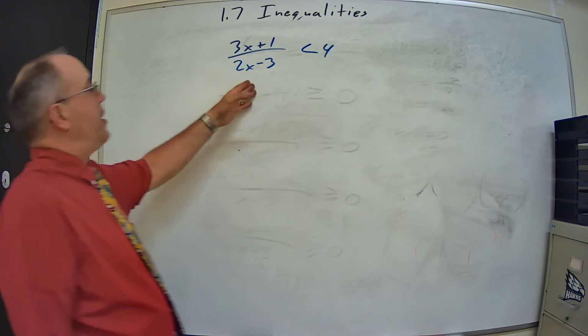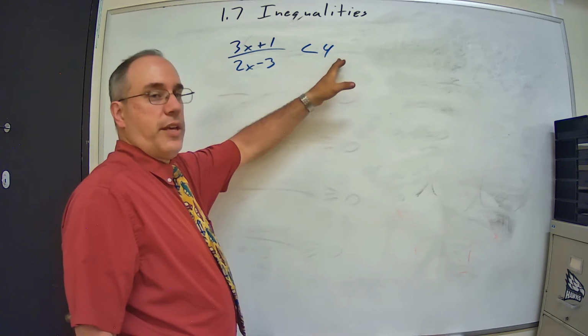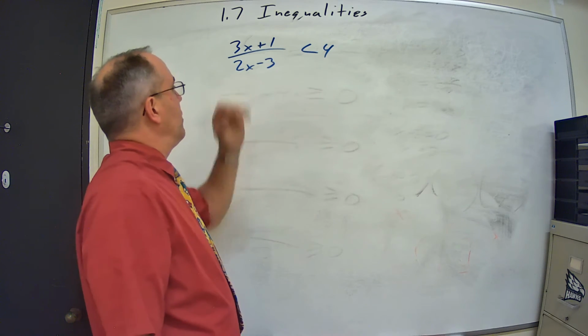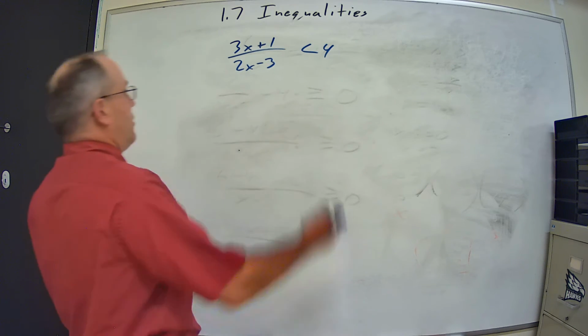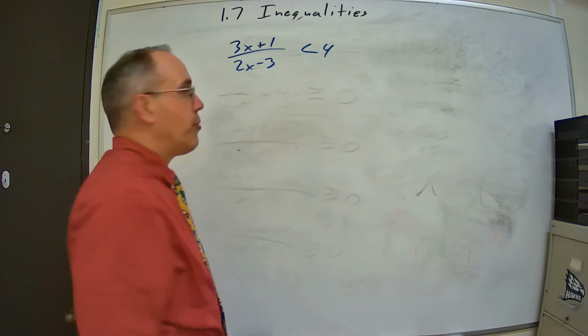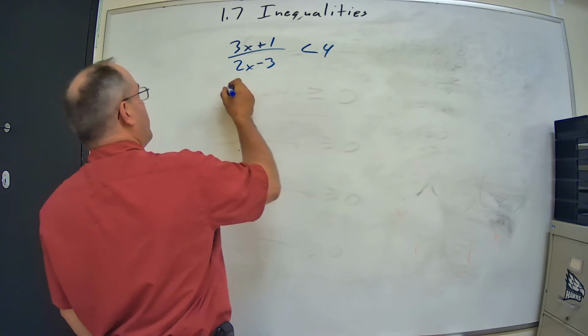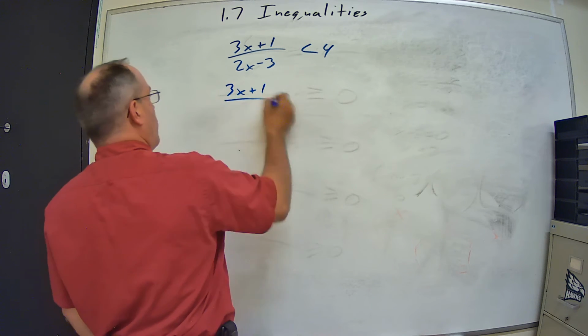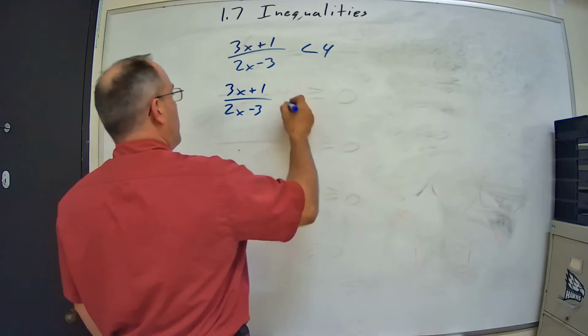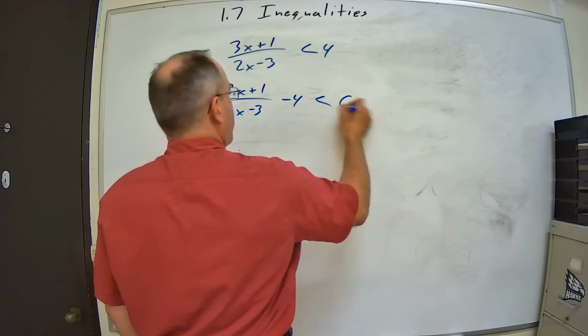So starting out there, remember we want to get 0 on the one side and get it into a single rational expression on the other side. So we're going to subtract 4 from both sides. 3x plus 1 over 2x minus 3 minus 4 is less than 0.